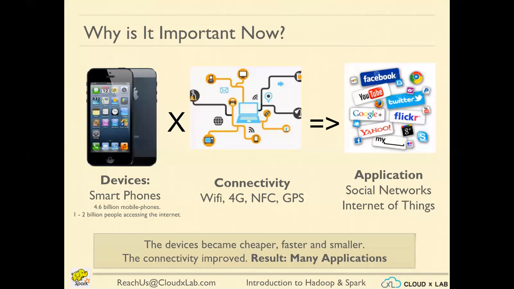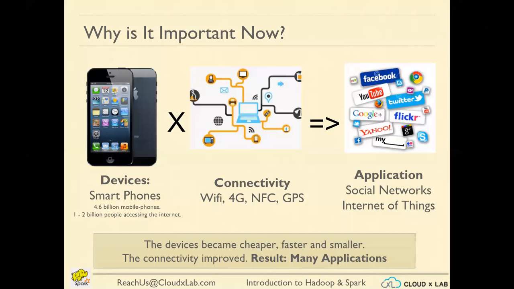While on the other hand, the connectivity between devices has been going up. The connectivity is also becoming omnipresent, as in there is connectivity between the devices in all forms, such as Wi-Fi, 4G, NFC, and GPS. So you have all kinds of connectivity, and on the one hand, you have so many devices available.